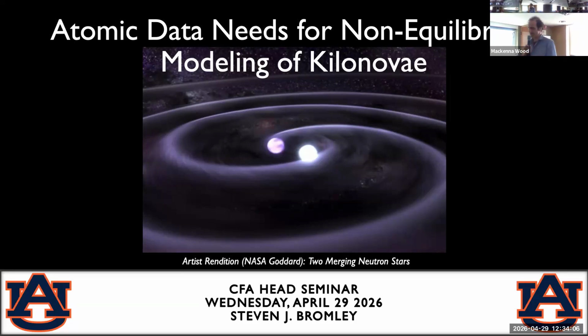Since 2023, he's taken the role of principal research scientist at Auburn, where he works on providing atomic data through computational and experimental means for spectral models of transient events, and in particular kilonovae. And today he is going to talk to us about atomic data needs for non-equilibrium modeling of kilonovae.